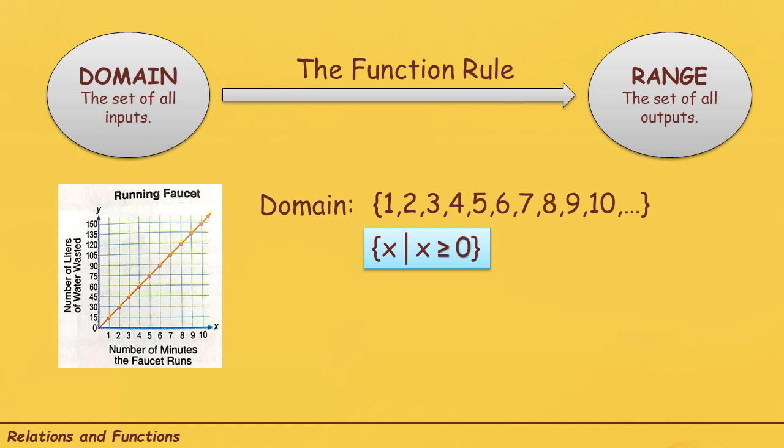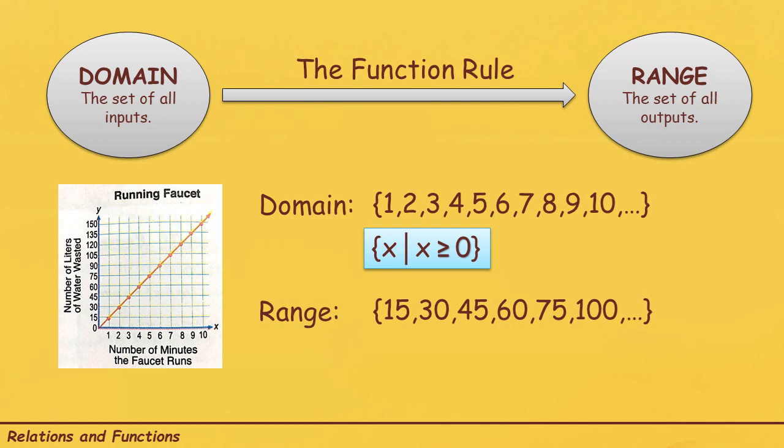The same process with the range, but first let us get the range based on the graph: 15, 30, 45, 60, 75, 100, and so on and so forth. Pwede nating paiksiin ito, pero ang gagamitin nating variable this time is y because range is the dependent variable and that is the y-coordinate, variable y. Make sure that it is enclosed in brackets or curly brackets because we are talking about sets.